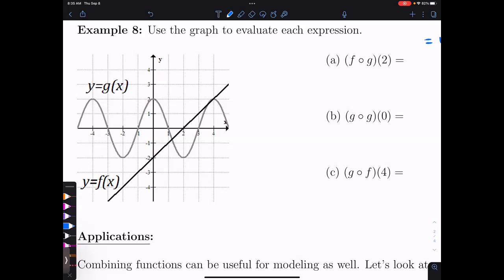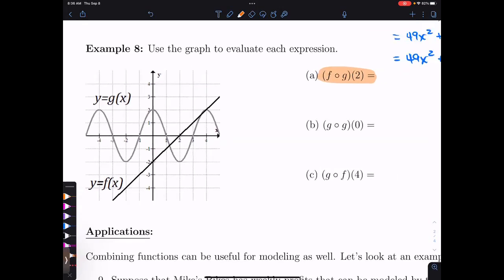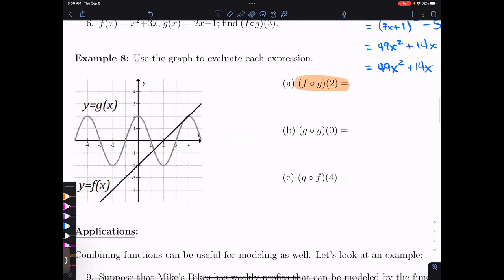How would I figure out what, like part A, F of G of 2 is? Find G of 2 first. Right, the inside thing happens first. So first I need to look up G of 2.